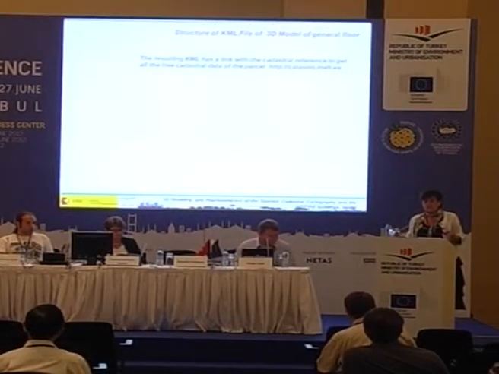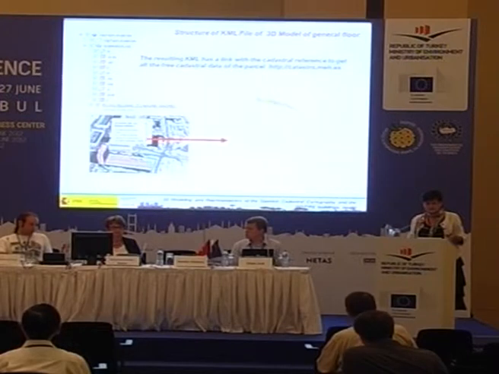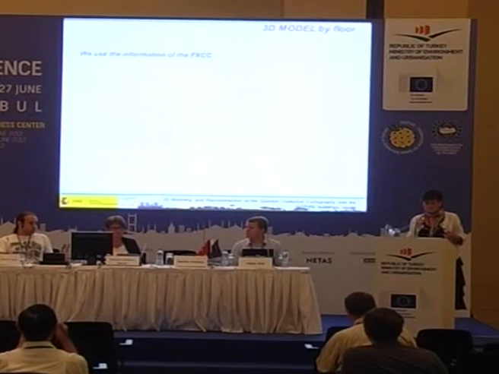If we want to build the 3D model with general floor, we can, from the KML, have a link with the cadastral reference to get all the related data in our model.